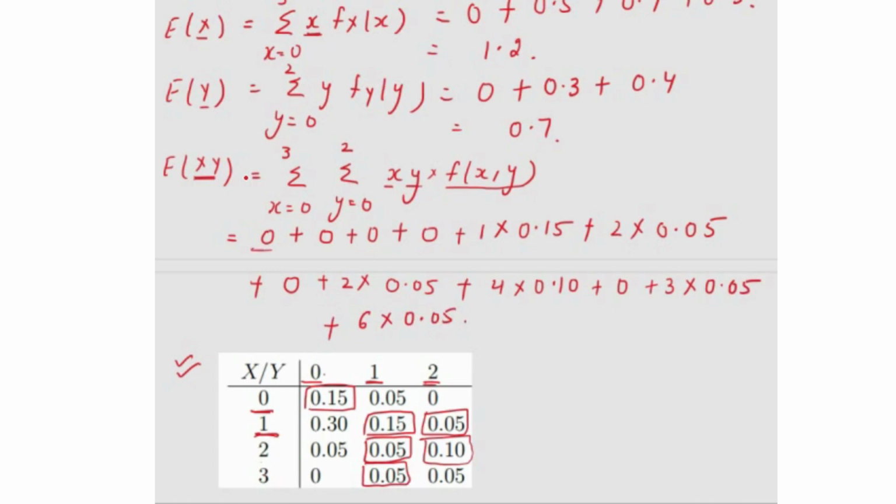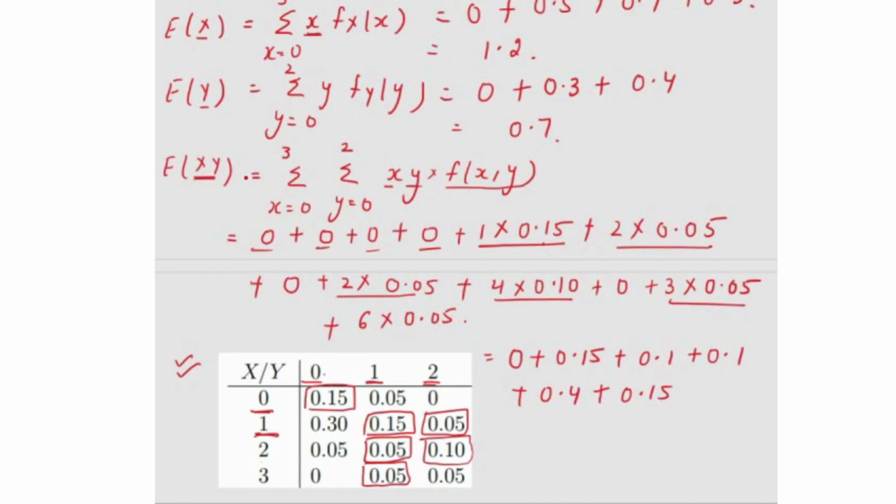Now add these values. This is 0, 0, 0, 0, so all are 0, plus 1 multiplied by this, so this is 0.15. 2 multiplied by this is 0.1. Then 2 multiplied by this is 0.1. Then 4 multiplied by this is 0.4. Then here we have 0.15. Then this is 0.3.